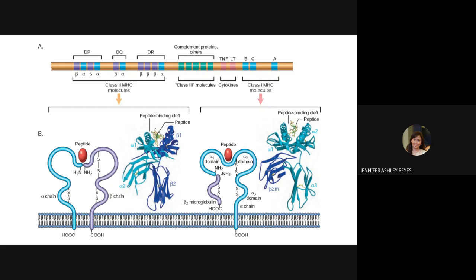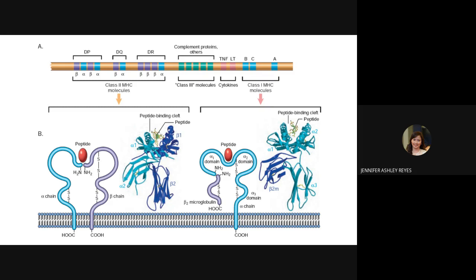So, as you can see in this slide or in this illustration, nakikita nyo yung locations or structure of your HLA complex and the different structures of the HLA molecule. So, makikita nyo ang different location of genes in the HLA complex, their sizes and distances between genes.